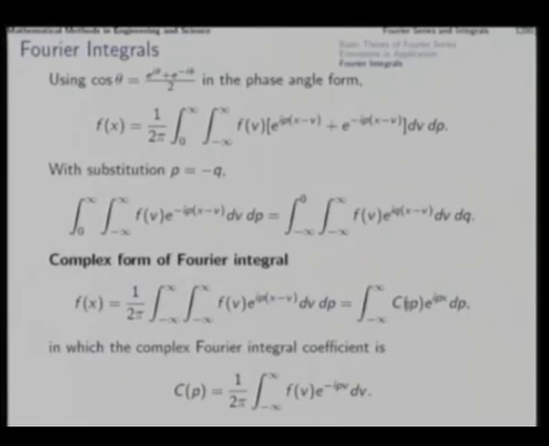And then in the complex form of the Fourier integral, this term, rather than cosine and sine, has become this exponential function with imaginary index, and this C(p), the amplitude function, has become the integral that you get when you take only f(v) into e to the power minus i p v, and plus i p x remains here, right.